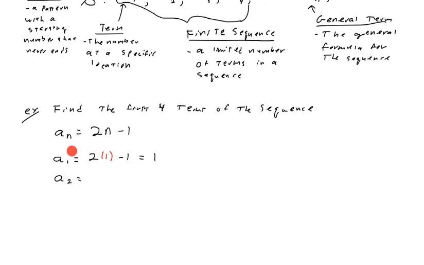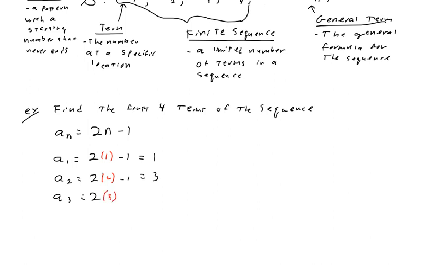A sub 2, my second term. Since it's my second term, this n here is a 2 now. So I'm using the location number as the number that changes my pattern. 2 times 2 minus 1. 2 times 2 is 4. 4 minus 1 is 3.